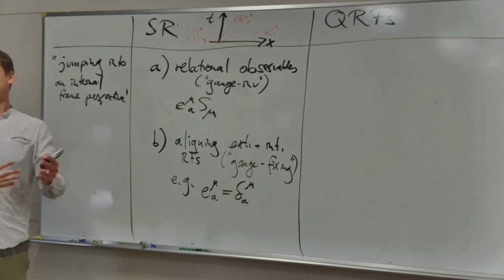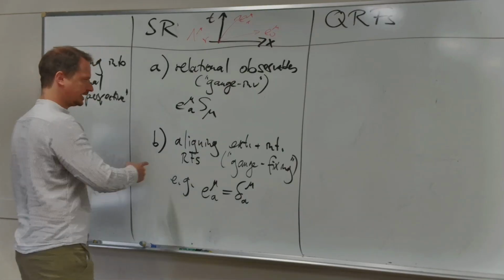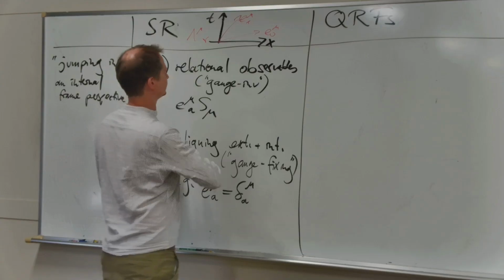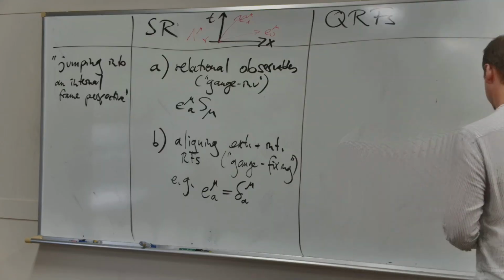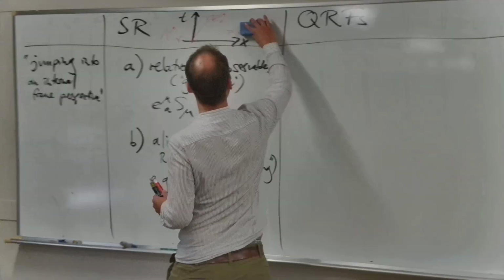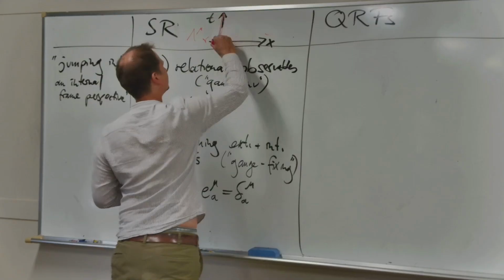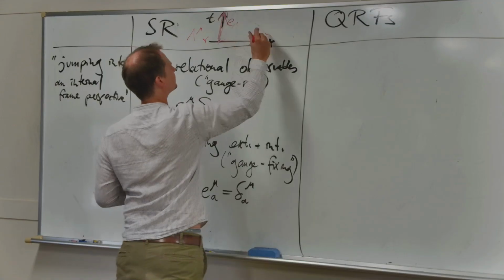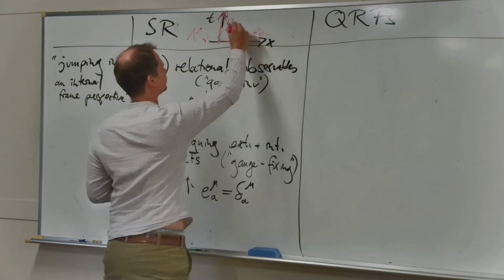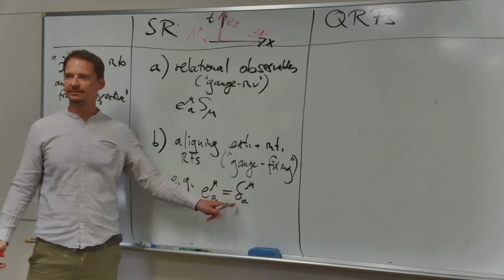So in this case, you can think of it as changing the background gauge to align it with the internal frame. So that's why I'm calling it aligning. And really what you're doing is you're changing it to a description where they're fully aligned. Sorry, E0 and E1. And that's what this here means.